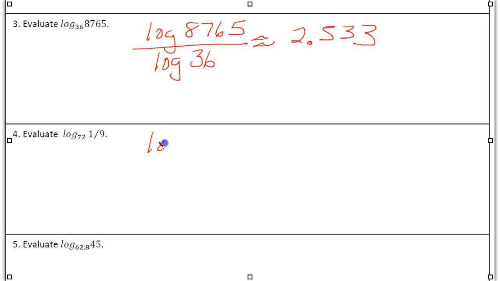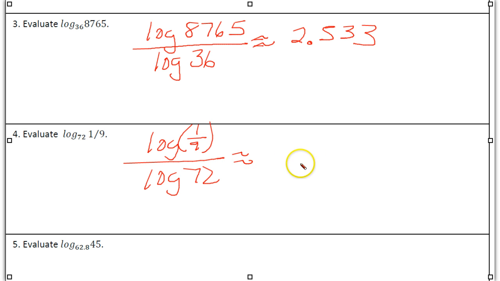And this will be the log of 1/9, that we'll put in parentheses, divided by the log of 72, which is approximately 0.514.